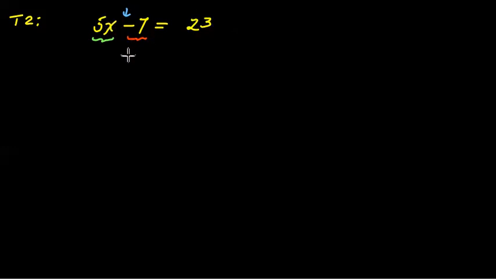So that's what I'm going to do first. I'm going to say 5x, because now I'm taking this over here and transposing it. So it becomes 23 plus 7. So it was negative over here. It becomes positive over here. So now I'm at 5x is equal to 30, which now resembles something that I'm familiar with, right?